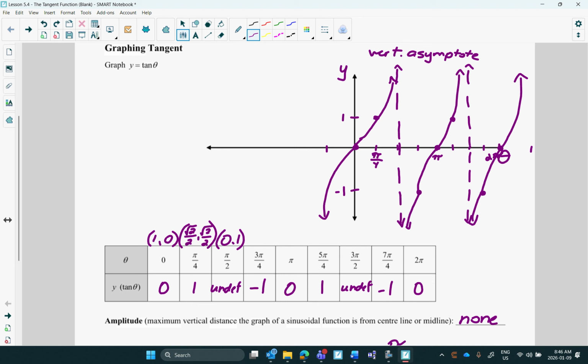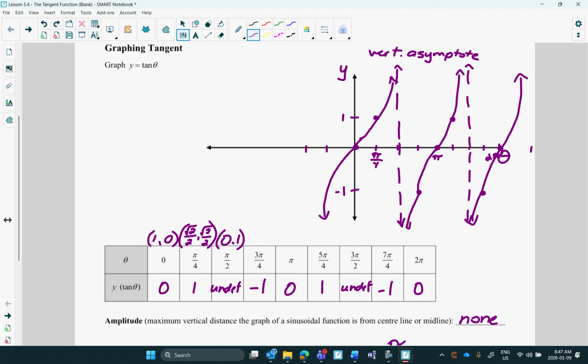It doesn't include 3 pi over 2. It doesn't include the next one after that or the ones before that. This would be undefined. So negative pi over 2 would be the next one. So how do I write, well, it's everything, but not these ones.